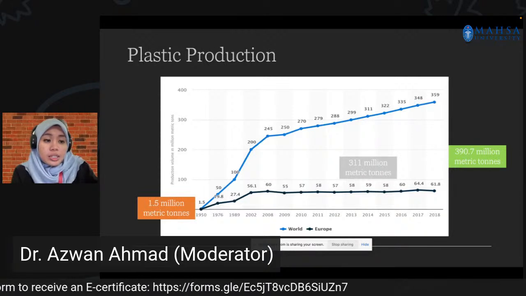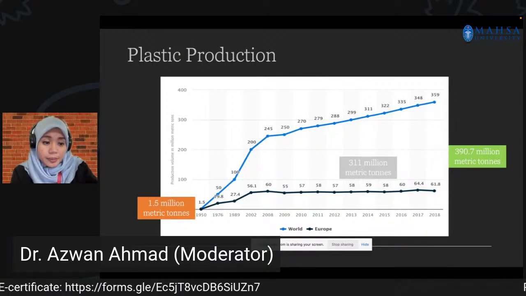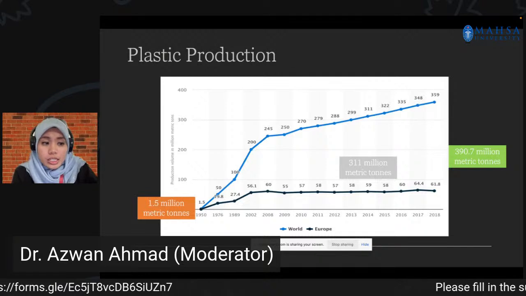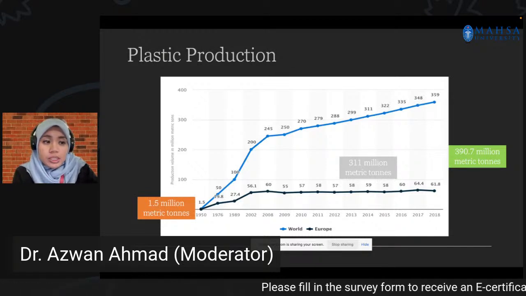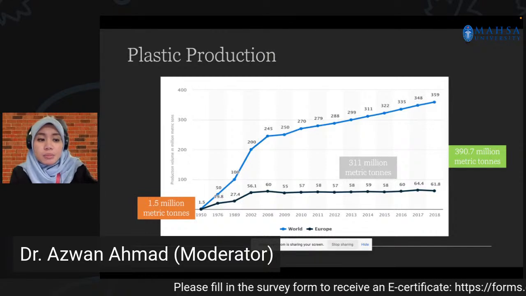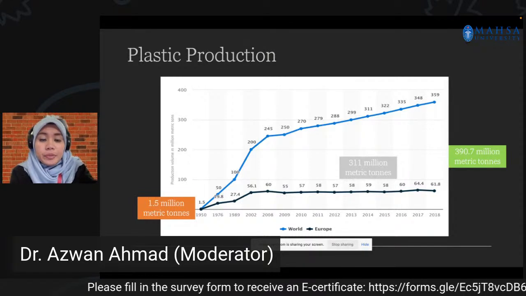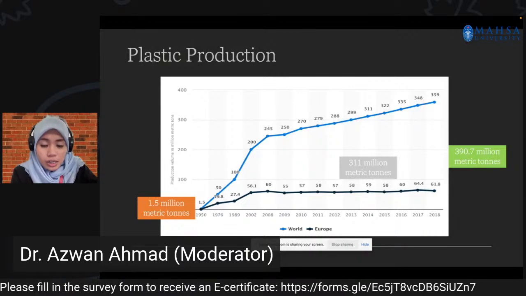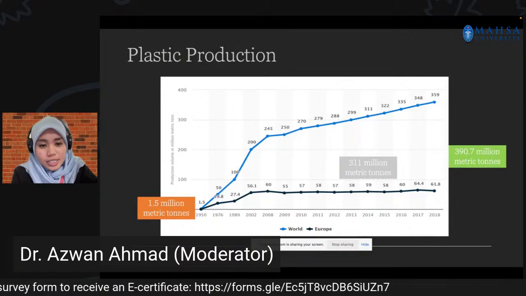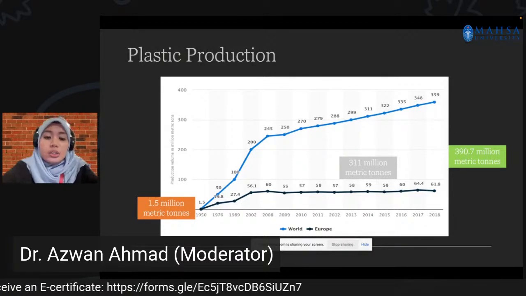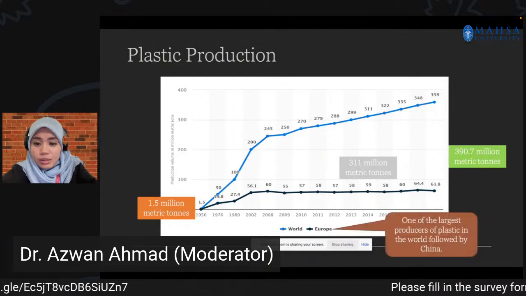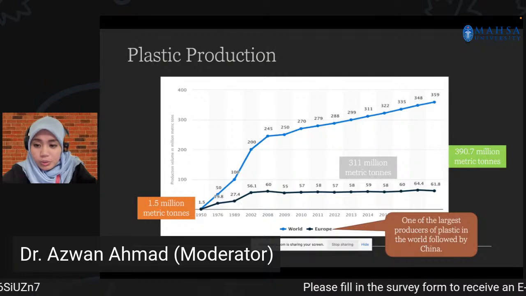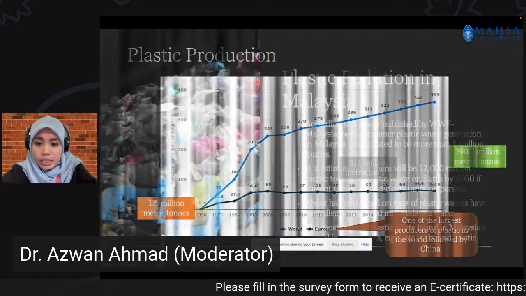This highlights the urgent need to restructure the recycling system and the policy on the production of plastic and its disposal. The Chinese ban also led to a sharp fall in EU export prices for plastic waste. Europe is one of the largest producers of plastic in the world, followed by China.